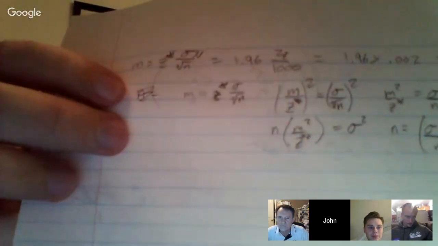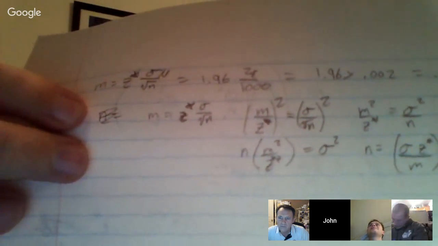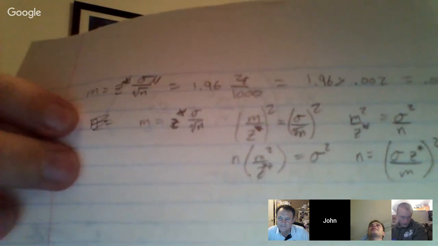Okay, cool. So if you want the equation for it, n, the number of samples, is equal to the critical value z times the standard deviation over the margin of error, all squared.